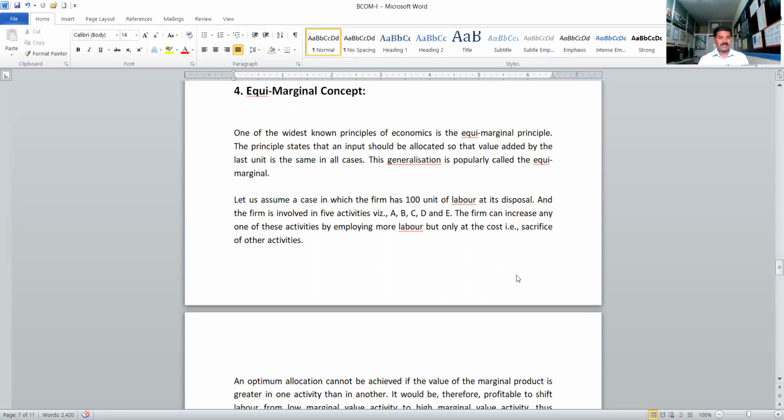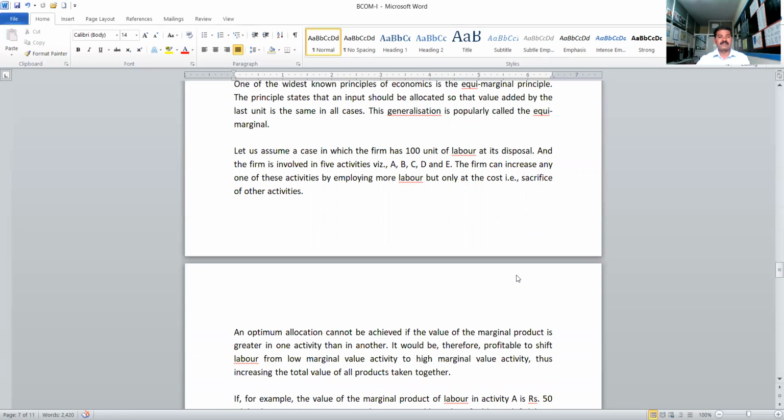Let us assume a case in which the firm has 100 units of labor at its disposal and the firm is involved in 5 activities like A, B, C, D and E. The firm can increase any one of these activities by employing more labor, but only at the cost, that is, sacrifice of other activities.